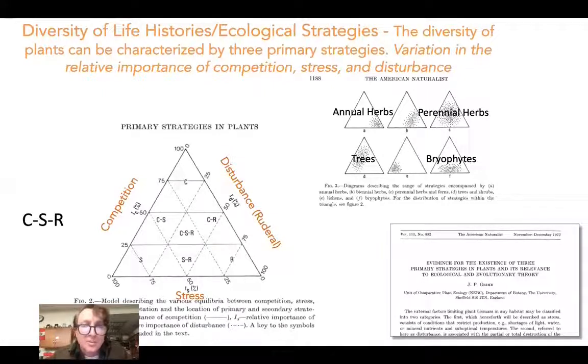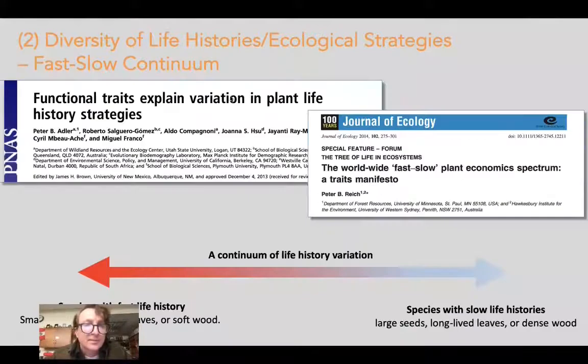And so this is where a trait-based approach has come in. Over the years since the work of Grime, a lot of researchers have tried to redo this work, but in terms of traits. Okay? And so I would point you to these two more recent papers that are basically redoing the original Grime work, but in a much more quantitative and trait-based way. And what these papers emphasize is that there is a continuum of life history variation across species.